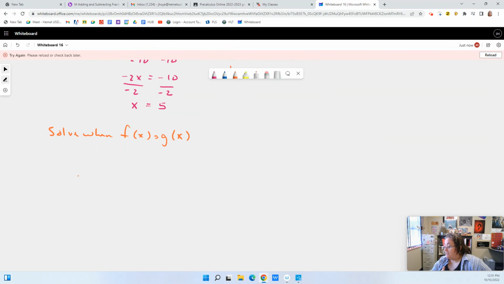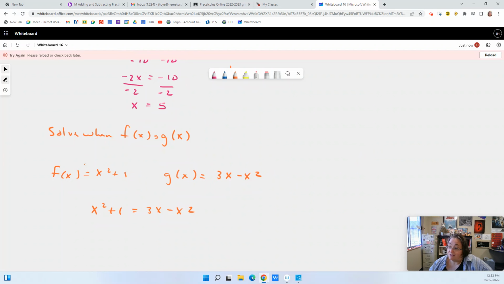Well, if I'm given a problem that says f of x equals x squared plus 1, and g of x equals 3x minus x squared. If f of x equals g of x, I could just say x squared plus 1 equals 3x minus x squared, and then go ahead and solve for x, right?